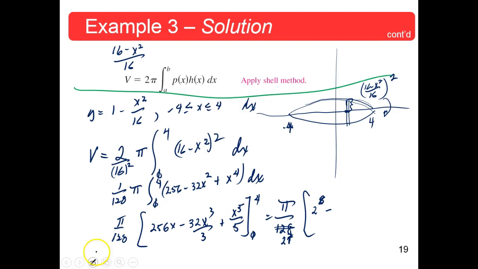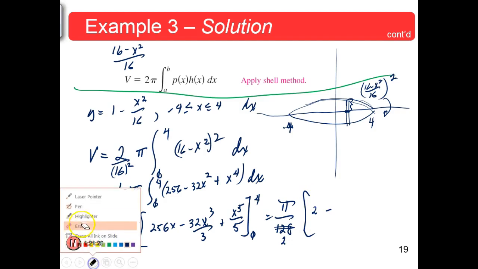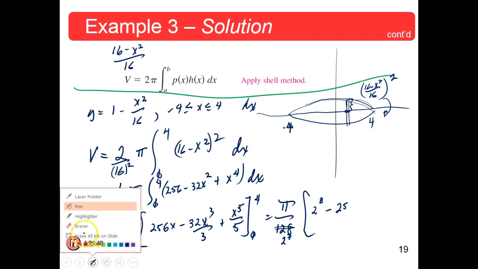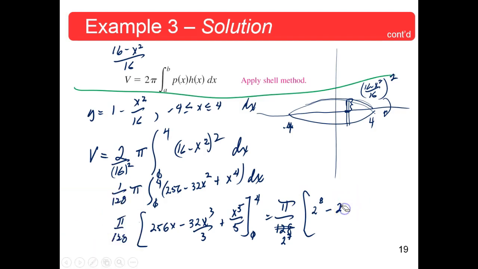You can't read that, can you? Okay. 2 to the 7th, 2 to the 8th. 32 is 2 to the 5th, right? Yeah. That looks too much like 25. 2 to the 5th.